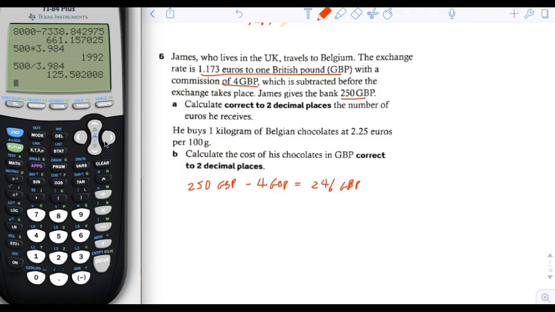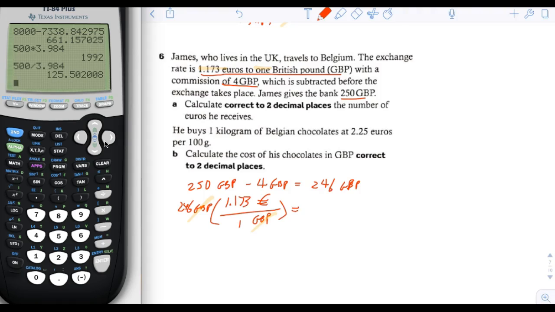So in this case, he's going to take his 246 GBP and he's going to multiply it times a domino where there's a GBP on the bottom and euros on top. And the reason why you know that the GBP goes on the bottom is because you want it to cancel out with the original GBP. And in the domino, you're going to fill in 1.173 and 1. The 1 goes with the GBP, and the 1.173 goes with the euro.